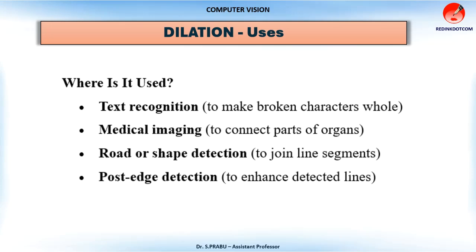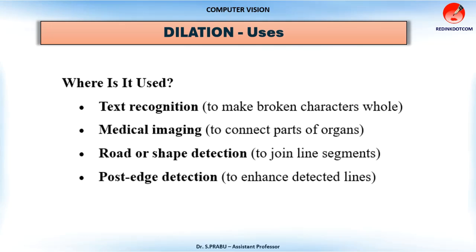It is also applied in road or shape detection. For example, in satellite or aerial images, dilation joins the line segments so that roads, paths, or boundaries are more clearly identified. Finally, in post-edge detection, dilation enhances the detected edges, makes lines thicker and more visible for further processing or analysis.